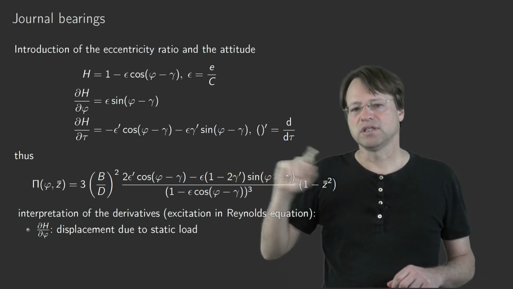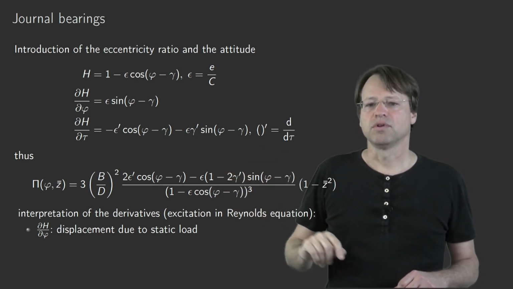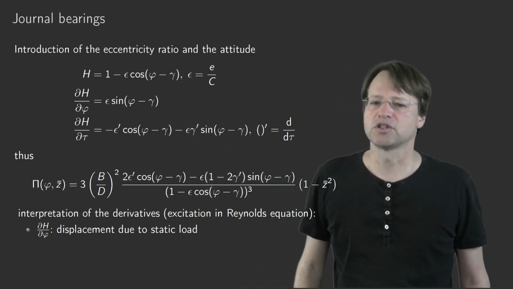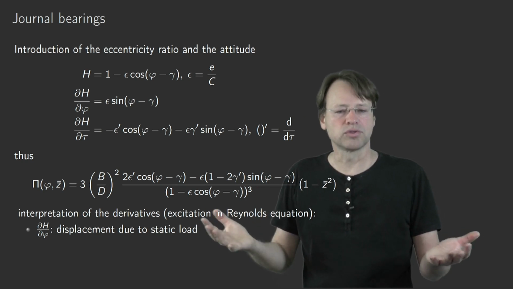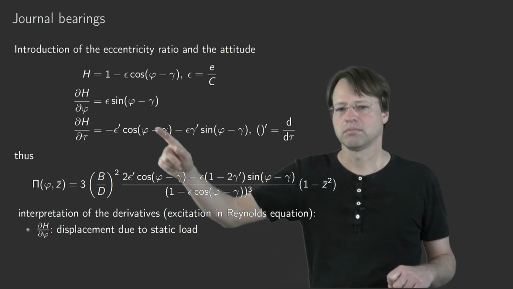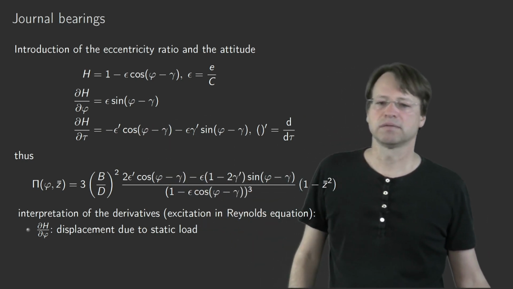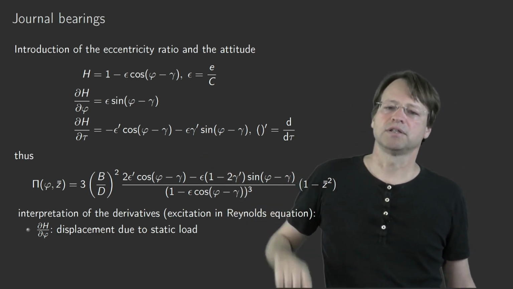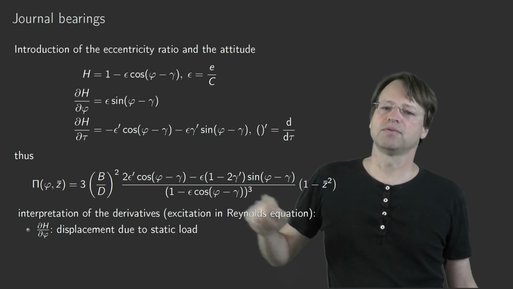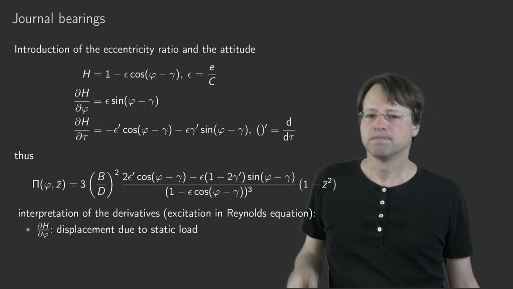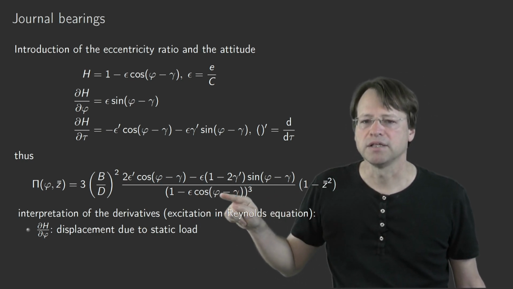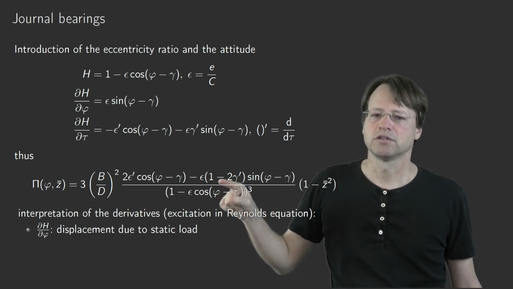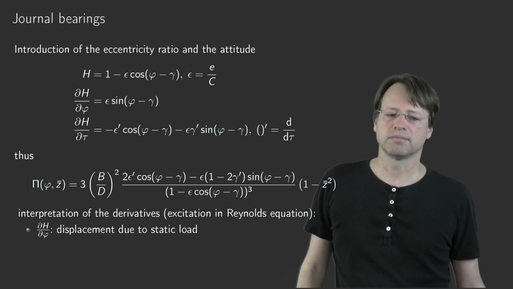So even if this is zero, you will find an influence on the pressure, and this can then be only due to static things, because it's time independent. So dh by d phi must be a displacement due to static load and must be the influence of the static load on the pressure. It's minus epsilon sine phi minus gamma. So the first part of the second term.